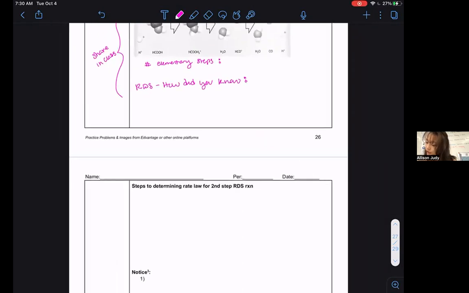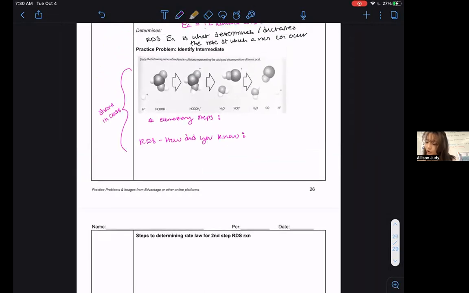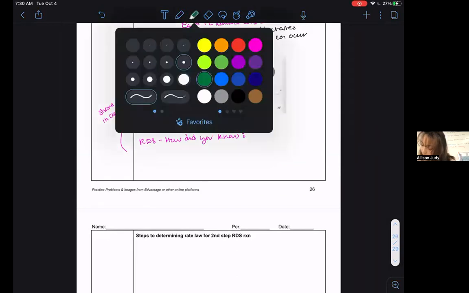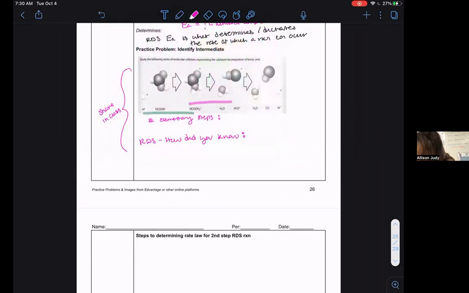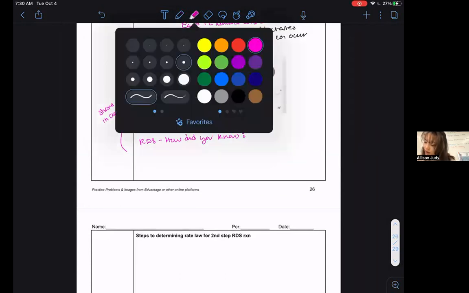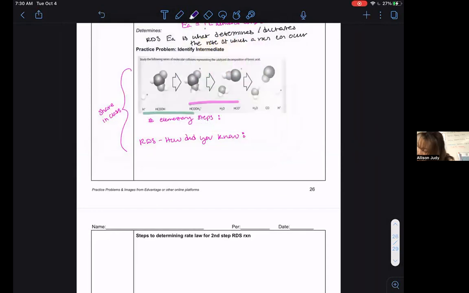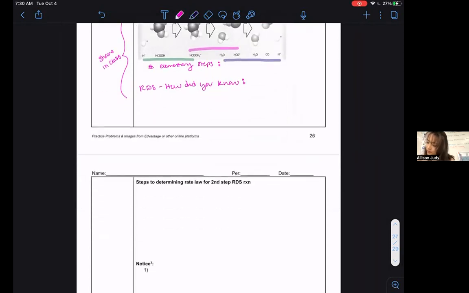So I'm going to color code and break this reaction down into the 3 steps. The first step is this section. The next step is this transformation. And then the final step is this transformation. Okay, so let's break this down.